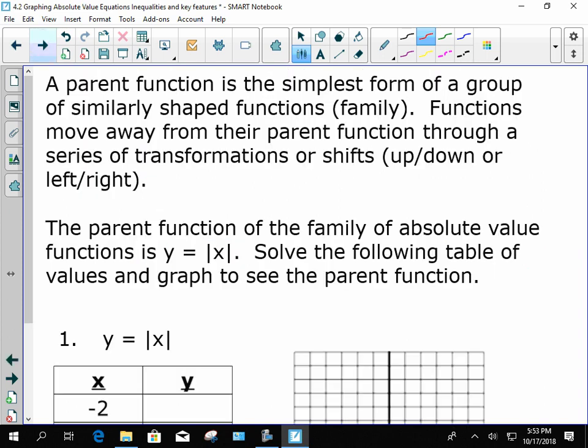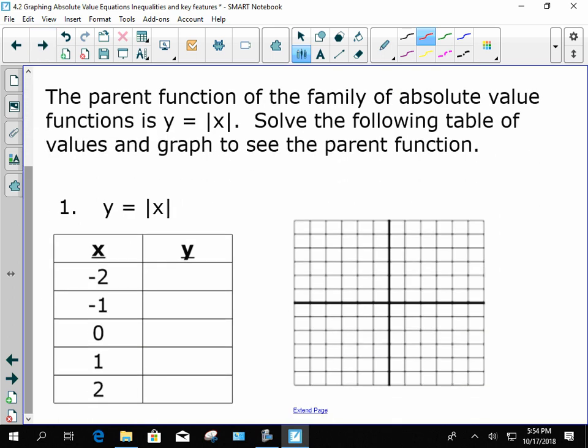Okay, here we go. All right, we are going to graph absolute values. And the first thing you're going to do is you're going to graph the parent function. Functions move away from their parent function through a series of transformations or shifts. Up, down, left, right.